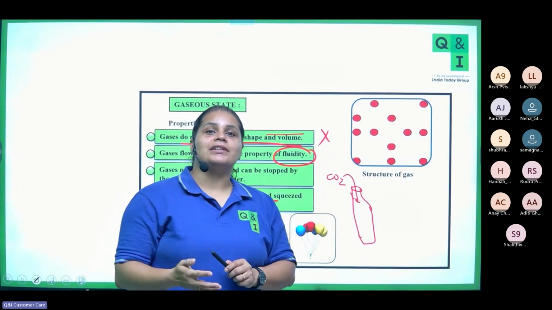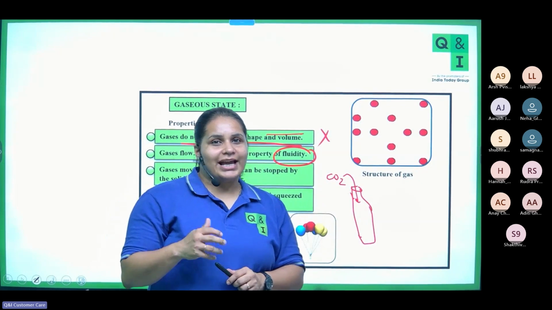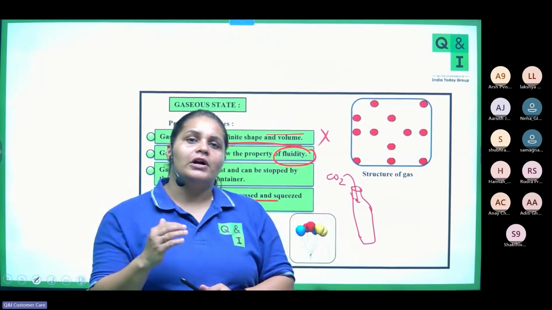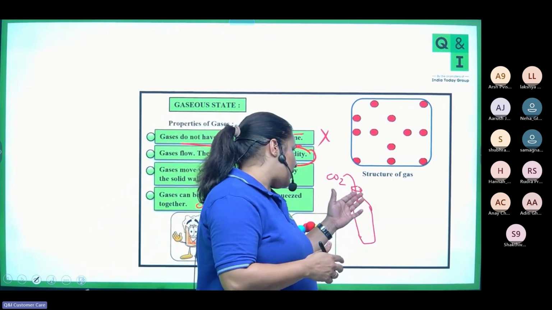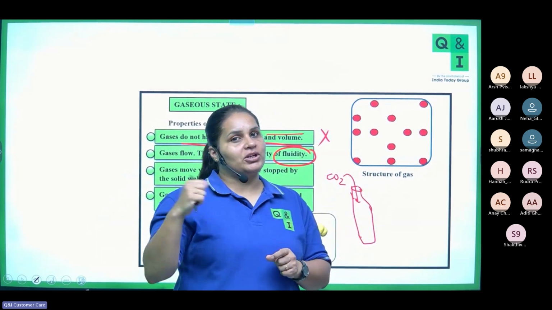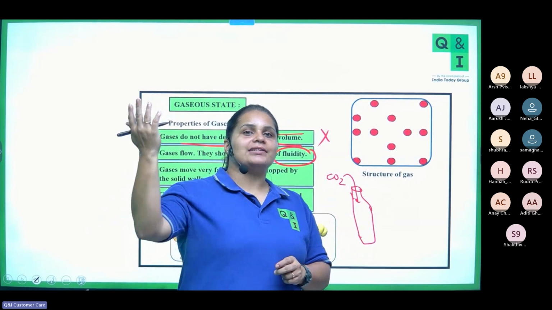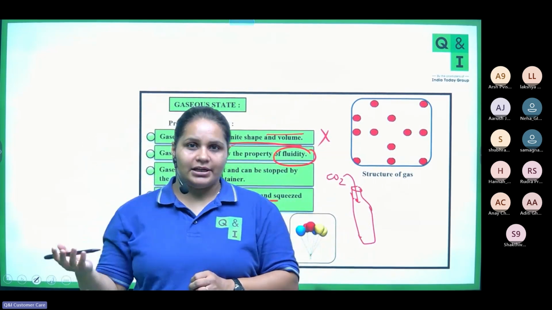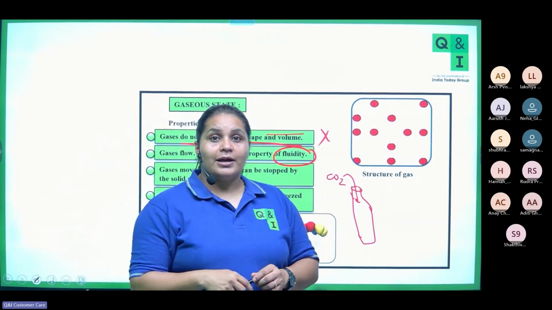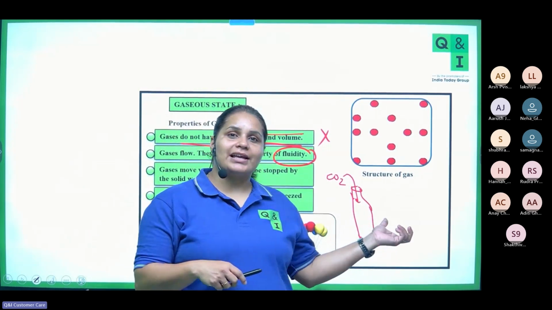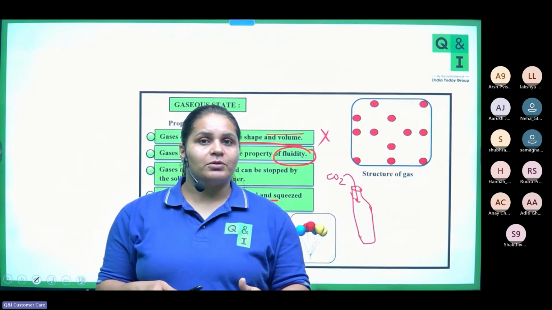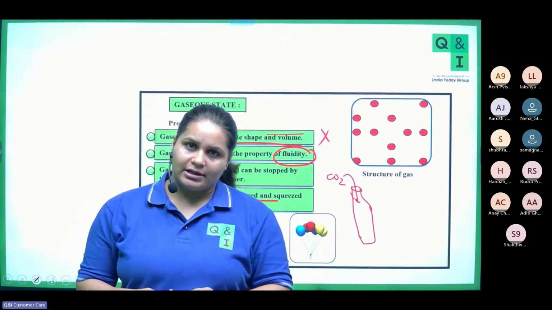How? By creating pressure. Because gases are compressible, we can accommodate a lot of carbon dioxide in this bottle. But once we open it, the pressure is released and the gas starts coming out immediately, so we get fizz of carbon dioxide. This is the example where we can say, yes, gases are compressible. That's why we were able to put a lot of CO2 in that bottle.